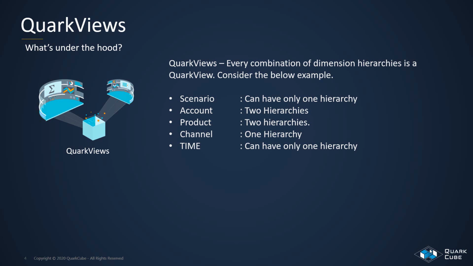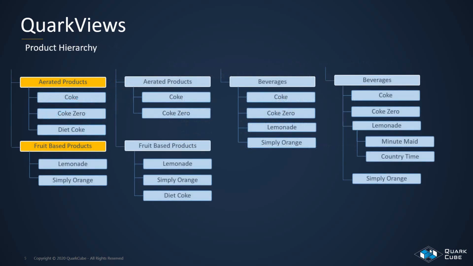Now, how are these hierarchies different? What are hierarchies used for? Why do we even need multiple hierarchies per dimension? So let me walk you through using an example. Consider the product dimension. In the first hierarchy, we have categorized the products based on their nature.